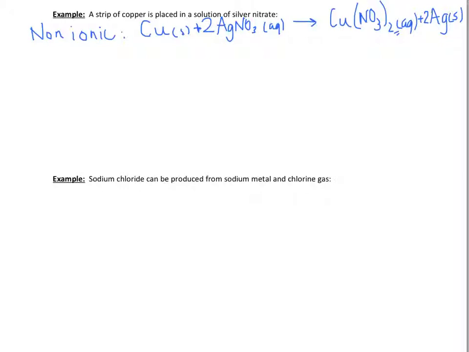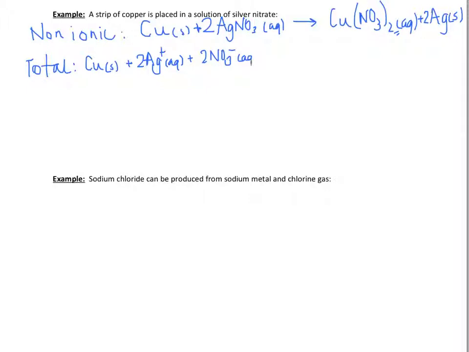We now have a balanced non-ionic equation, which means we'll move on to the total ionic equation. Which means we need to break apart anything that is an ionic compound. Copper stays the same since it's solid. The silver nitrate will have to break apart to give us 2 Ag+ aqueous and 2 NO3- aqueous.